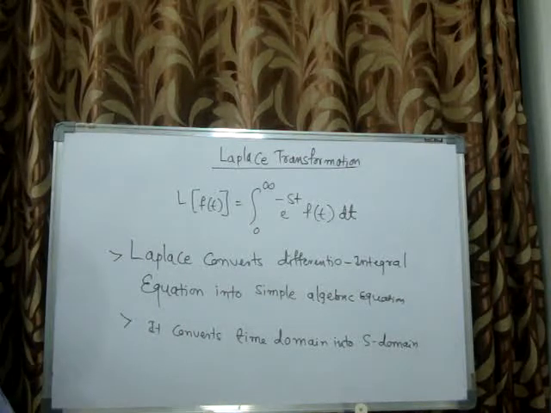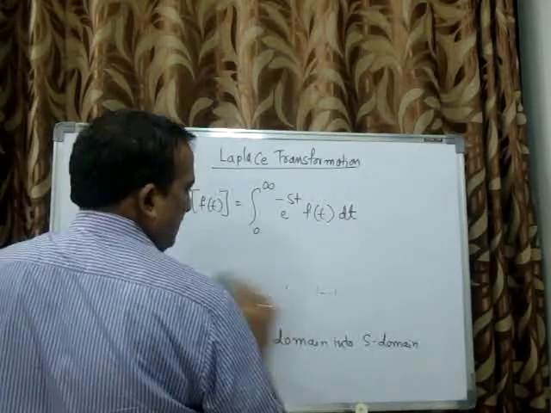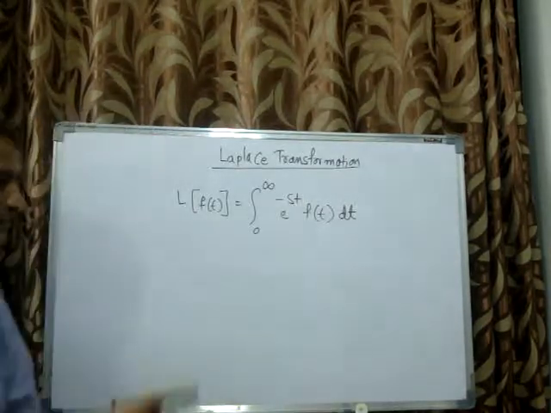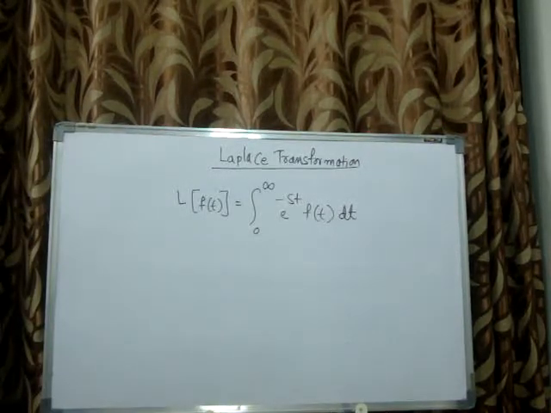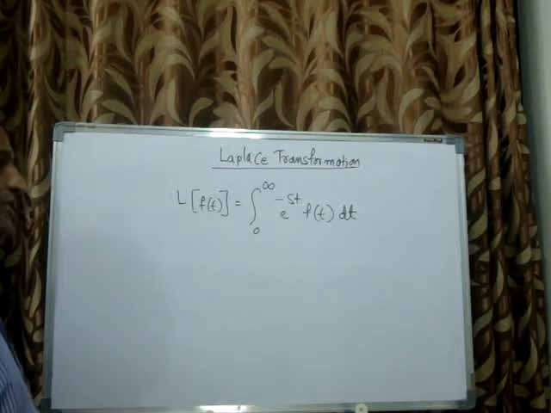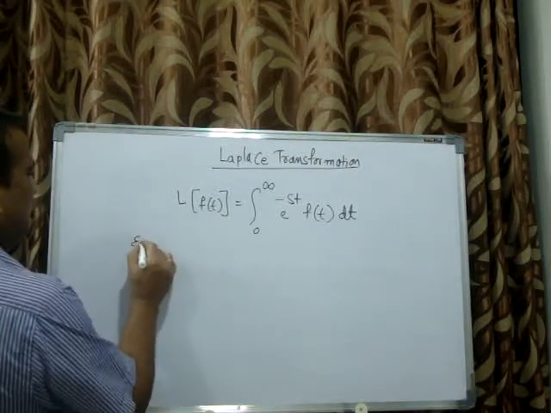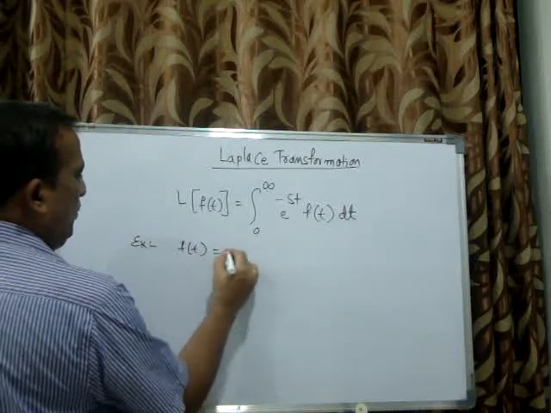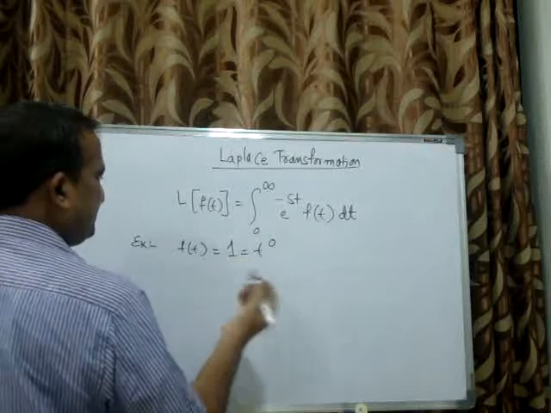Okay, so we will take one small example for a time function, because this is the main disadvantage of Laplace. It requires only a time function. For example, I will take f of t equal to 1, that is t raised to 0.